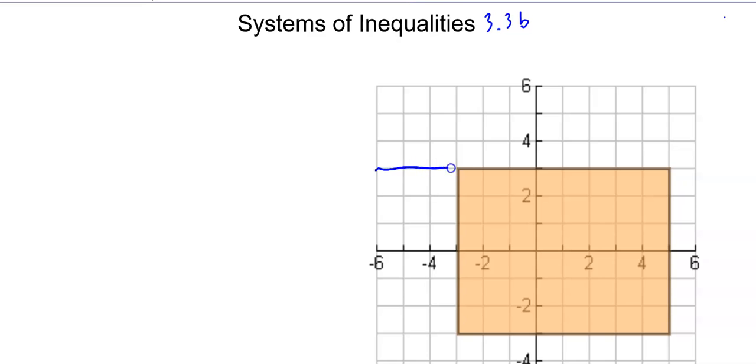So let's think about what restriction would cause a horizontal line right there. That would be a horizontal line, so it's y. And the value looks to be about 3, so 3. And the shading looks to be below the horizontal line, so I would say less than or equal to because it's a solid line.